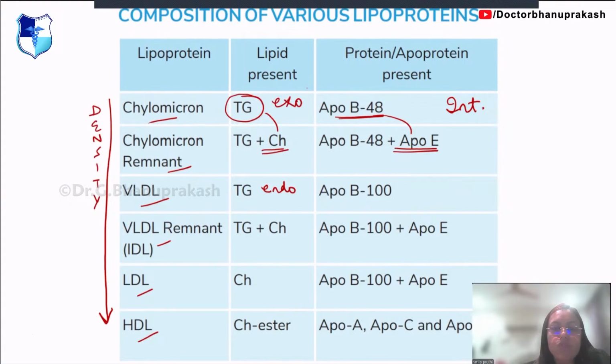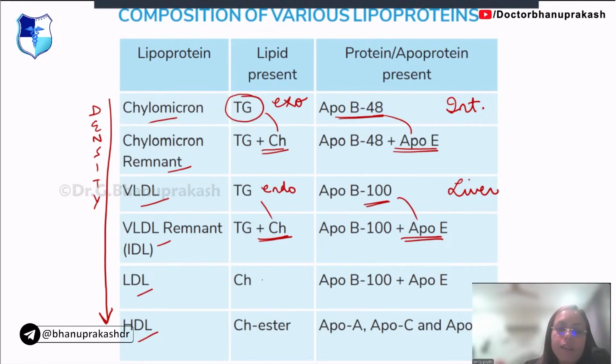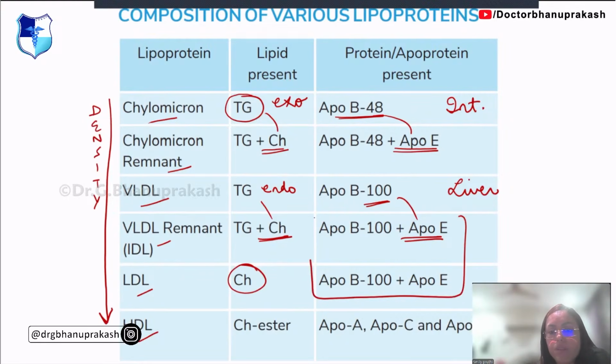Chylomicron has exogenous triglyceride. VLDL has endogenous triglyceride. Protein is ApoB100. It is synthesized in liver. I told you for remnant, add cholesterol, add ApoE. So this is TG plus cholesterol, ApoB100 plus ApoE. LDL has only cholesterol and same proteins as IDL.